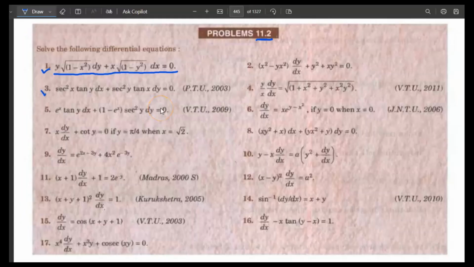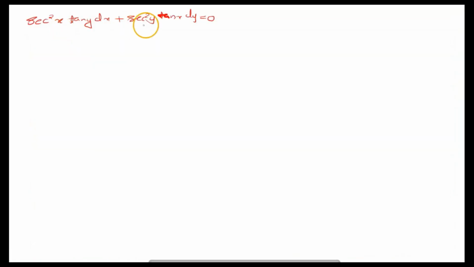Now the second question is 3: sec square x tan y dx plus sec square y tan x dy equal to 0. So this is the question. Let's separate variables x and y. This is sec square x tan y dx equal to minus sec square y tan x dy.